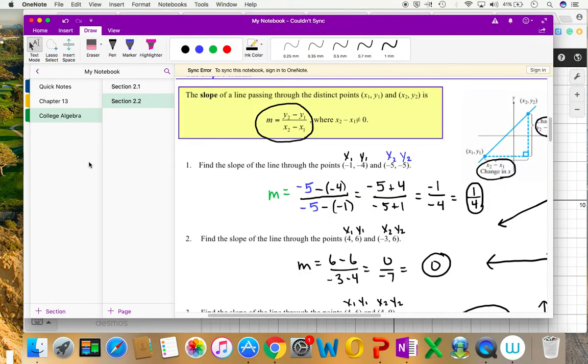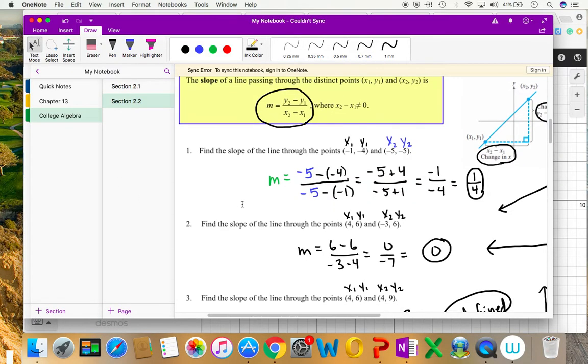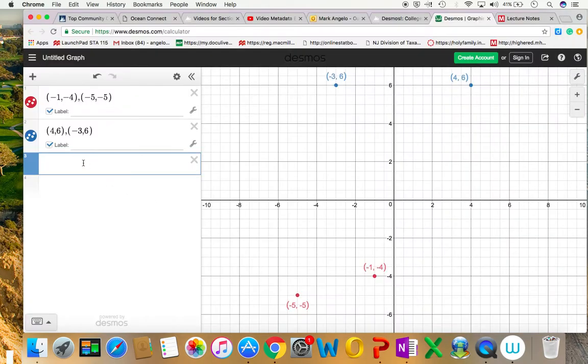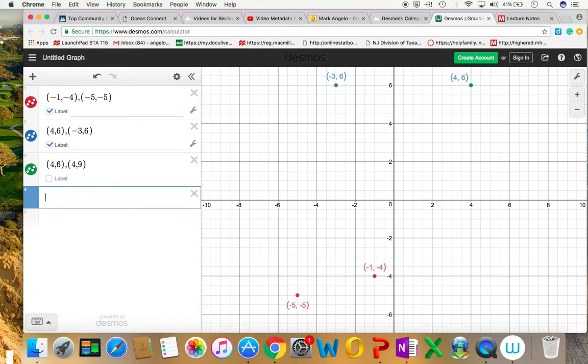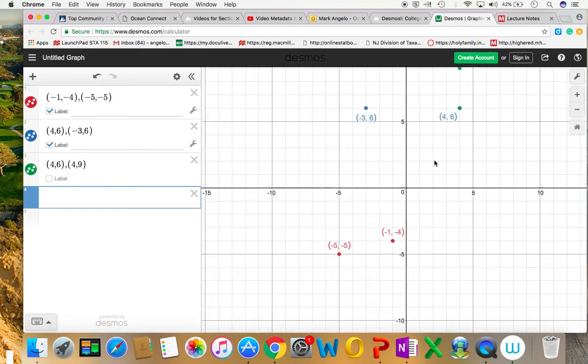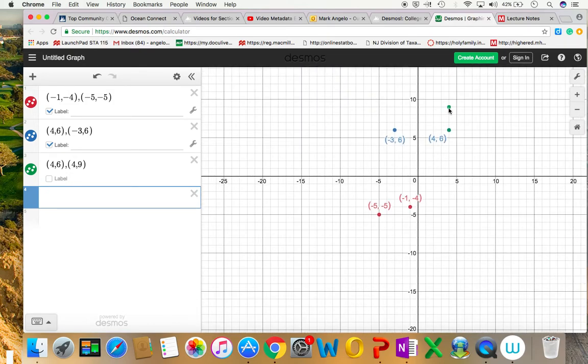Let's look at the last 2 points. 4, 6, 4, 9. So 4, comma 6, and 4, comma 9. Let's see what those look like. Okay. So 4, comma 6. I'm going to zoom out a little bit so we can see these. 4, comma 9 in green.